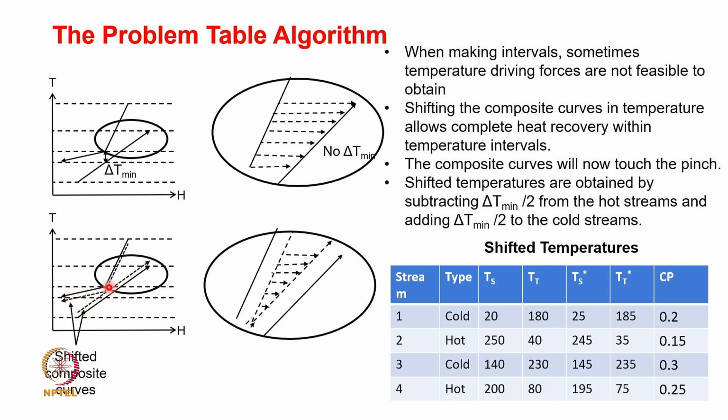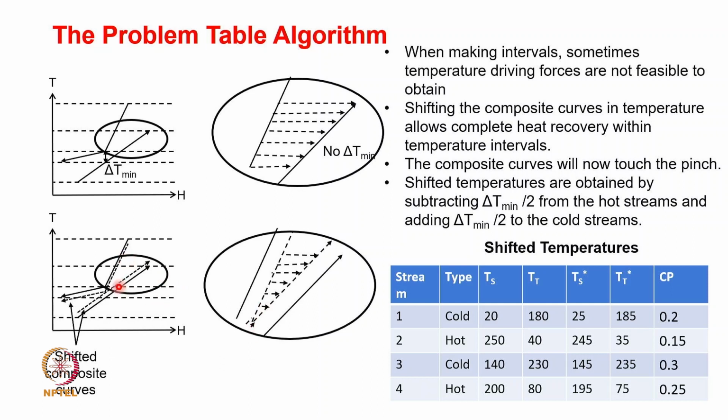We are only making them come closer or go farther. We are not trying to move them away from the delta T coordinate, but trying to bring them together. So the entire coverage of the shifted composite curve would be the same as that of the individual composite curve. So the analysis results will still hold.